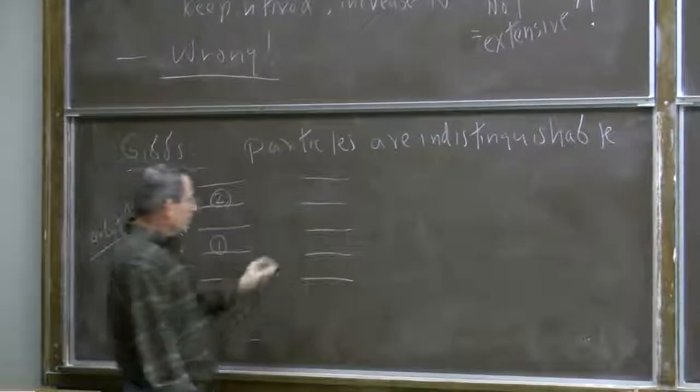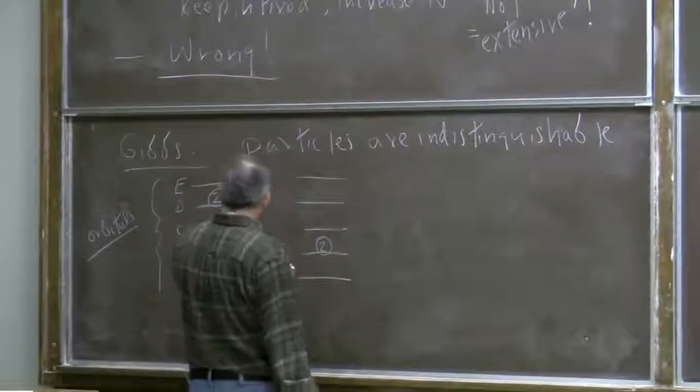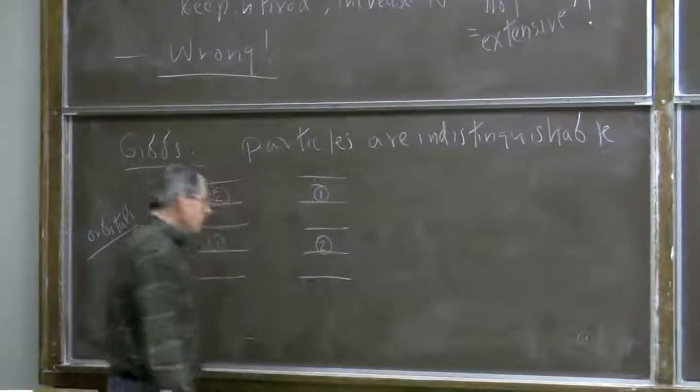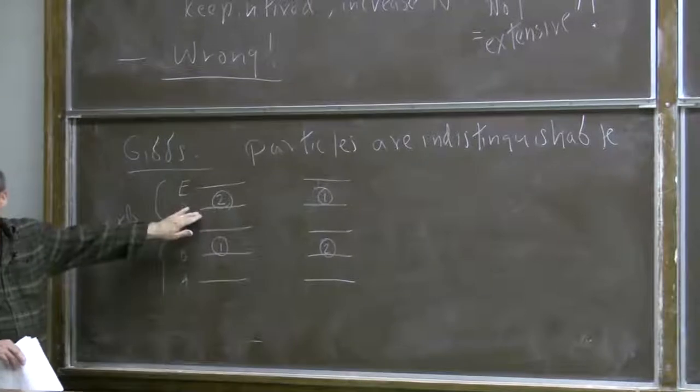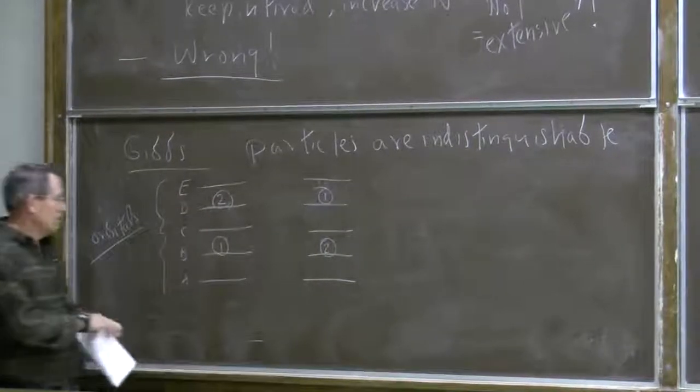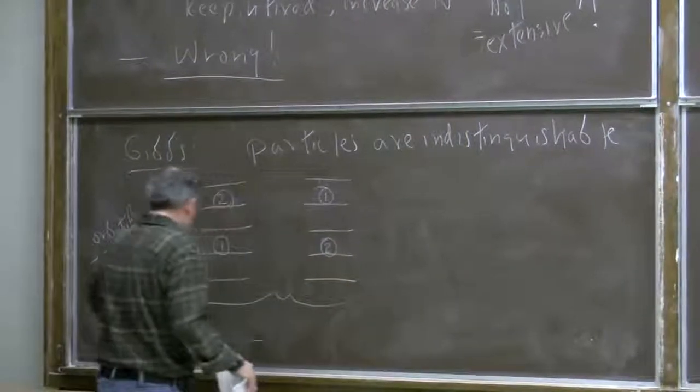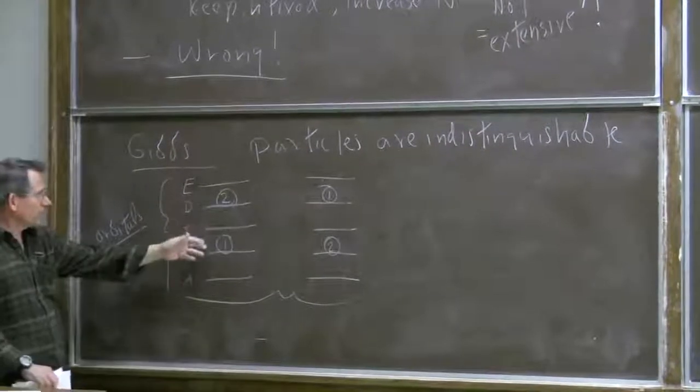I could have put particle 2 in orbital B and particle 1 in orbital D. The way we did the counting, these are two distinct states. In both cases, there are two particles and two orbitals.